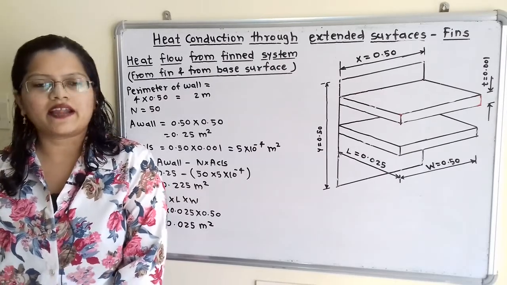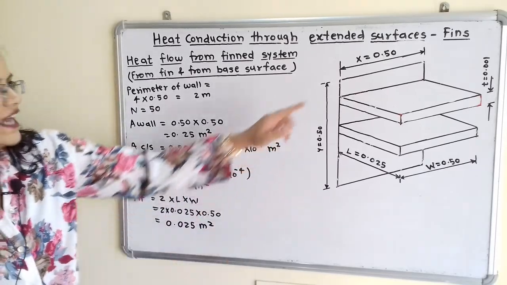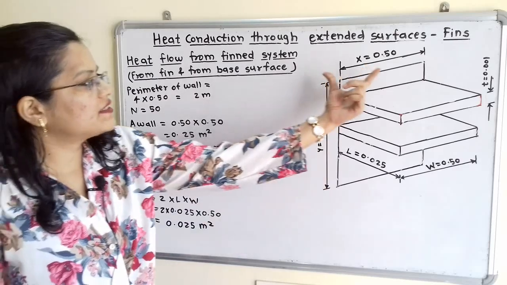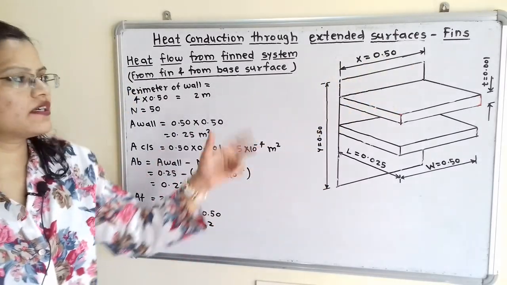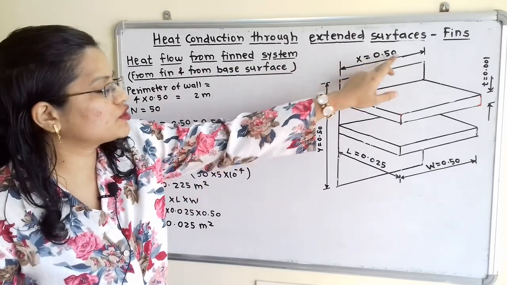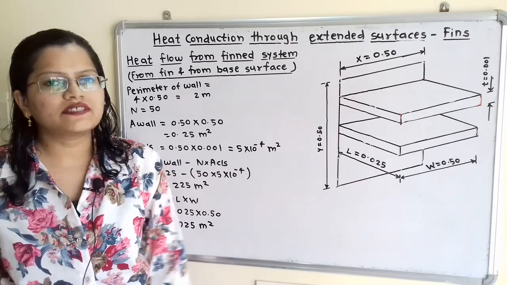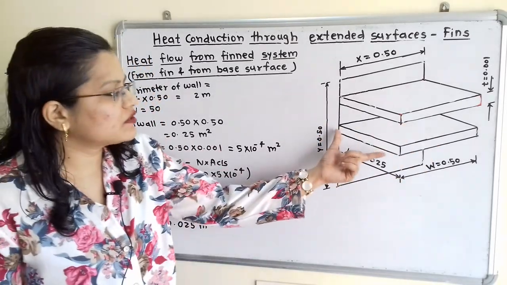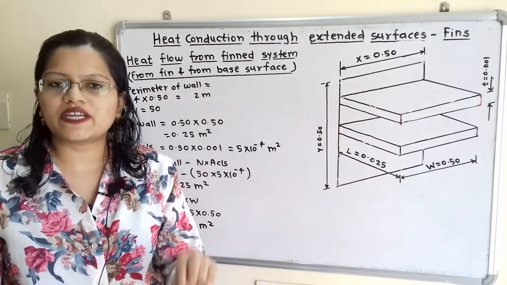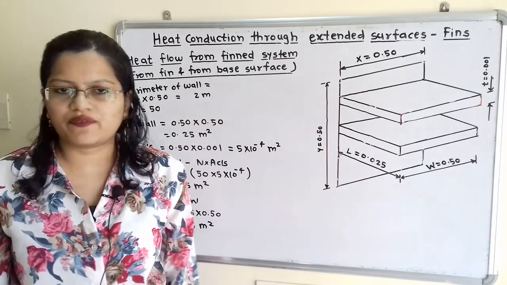Let us understand the given data with the help of a diagram. It is given that the dimension of the wall, that is length, is equal to 50 cm. So we have to convert it into meters, that is x is equal to 0.50, height is equal to 0.50 meter. In the same way for the fin, dimensions are also given. The length of this fin is given as 25 mm, so we will write L is equal to 0.025 meter.